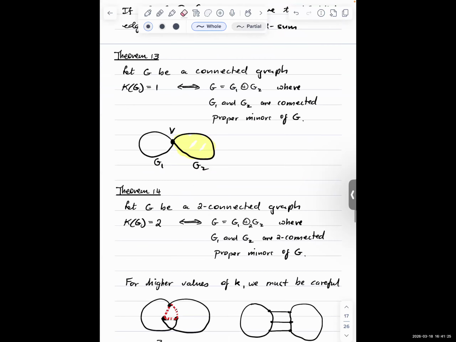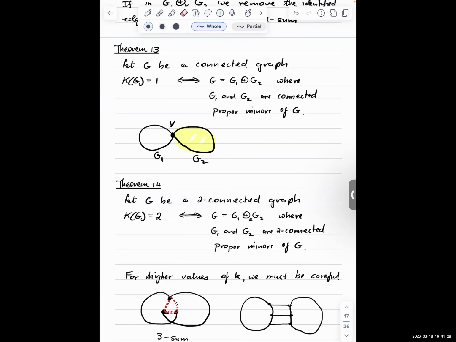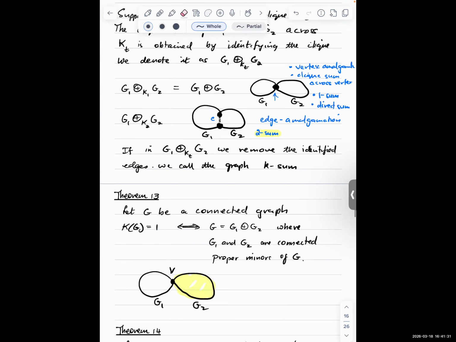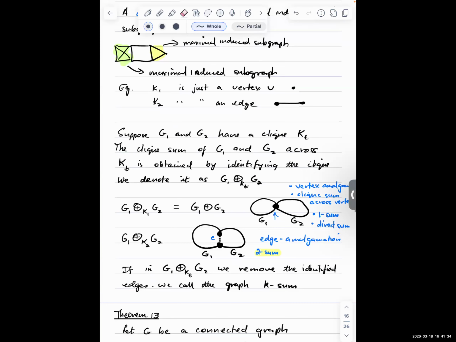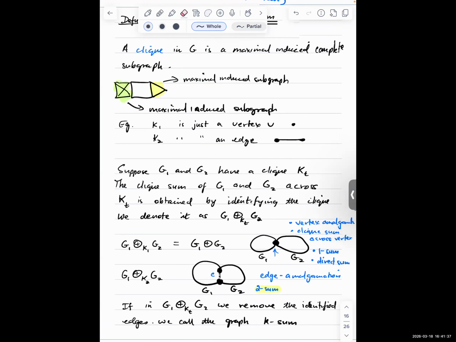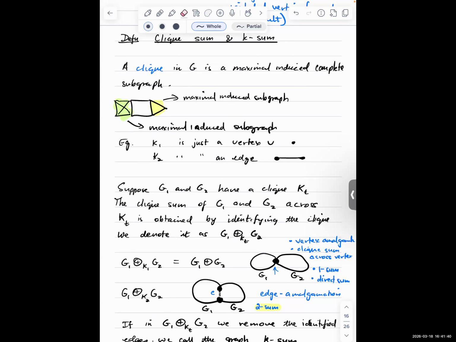Sandra, can I quickly interrupt? Yeah, sure. Can you go up a little bit just to the definition of the clique? I think you wrote that it has to be a maximal clique. Yes. So in the definition, the clique has to be a maximal clique. Would it cause trouble when you do the clique sum? They also both have to be a maximal clique. That's a really good question. I don't think so. I don't think it has to be a maximal clique.